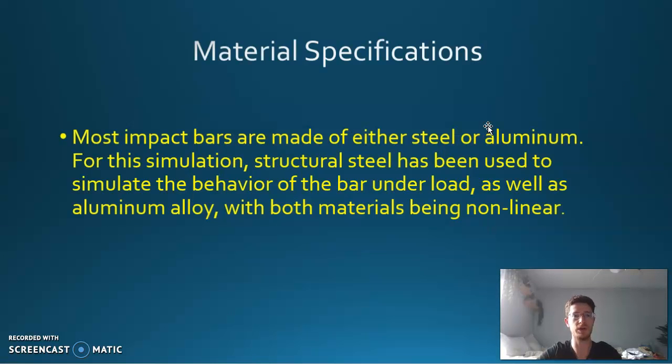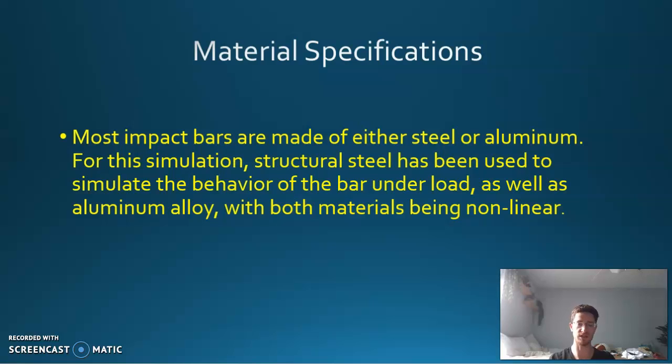So now I'm going to talk a little bit about the material specifications. As I said earlier, I wasn't able to find a lot of information regarding the specific materials that are used on these impact bars, besides the fact that they are either made of steel or aluminum.